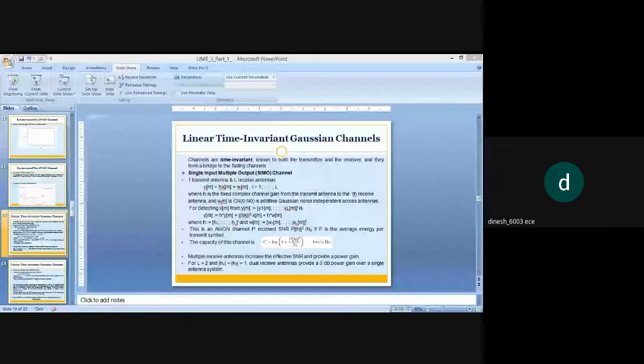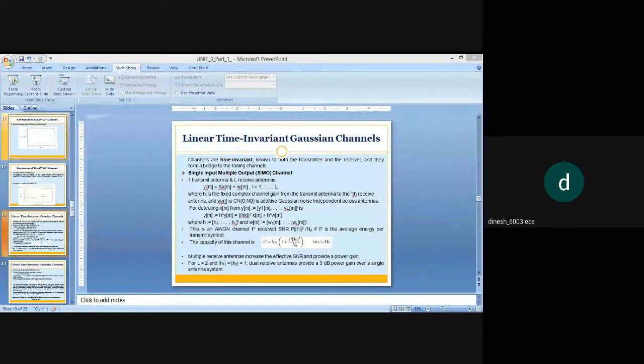So here we consider there is one transmitting antenna and there are L receiving antennas. So here we'll be getting the equation as y_l of m is equal to h_l x of m plus w_l of m, where l varies from 1 to L.